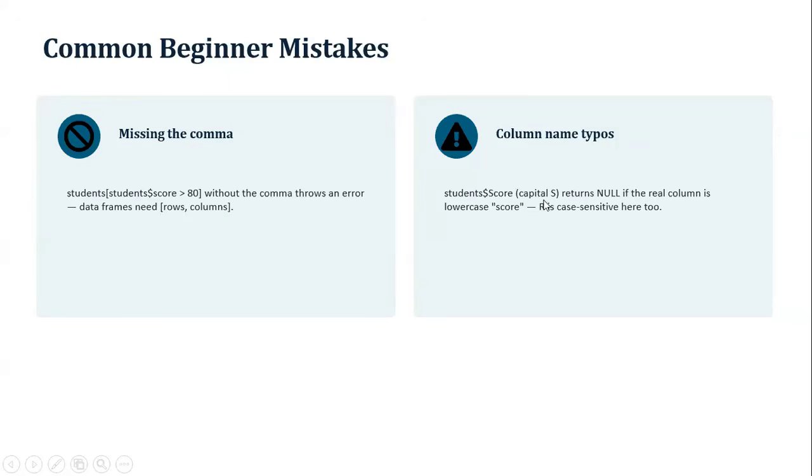Second, column name typos. students$score: if you write Score with a capital S, it returns nothing. The real column is lowercase score. R is case sensitive here too, same as it was with variable names back in episode 1.